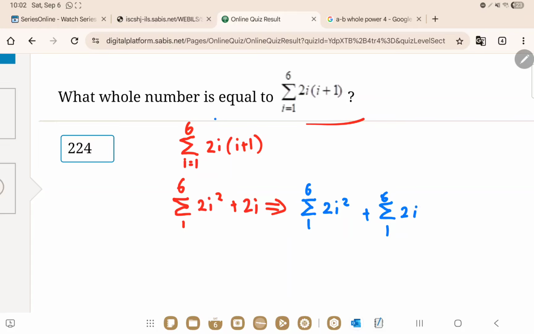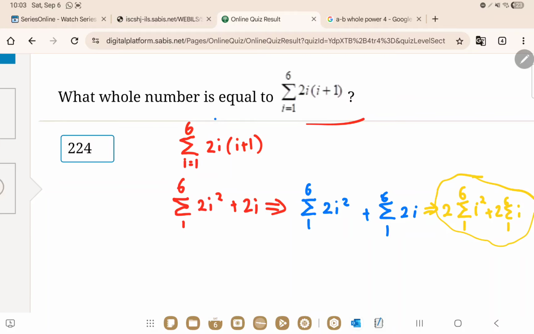And whenever you see this, you could simplify it even more to become 2, you could take the 2 out because 2 is a constant term, sigma from 1 to 6 of i squared plus 2 times sigma from 1 to 6 of i. Now we can take this and solve it, because this is way easier to solve.